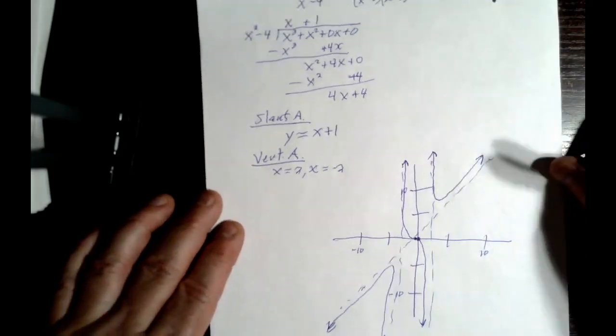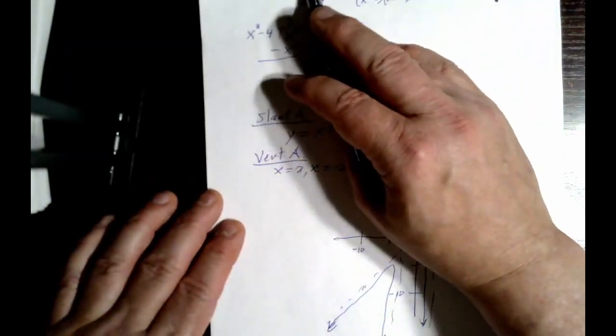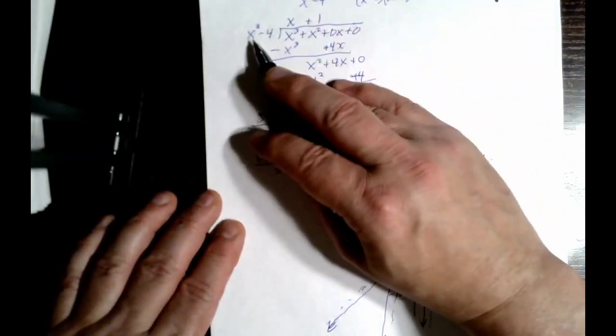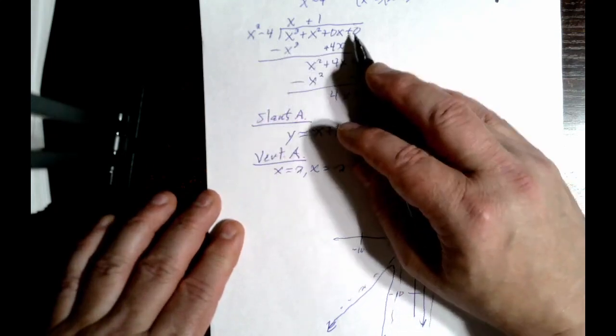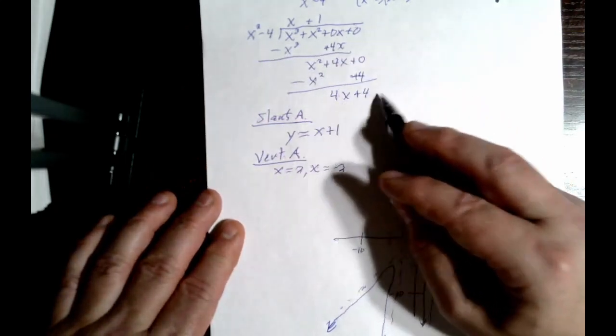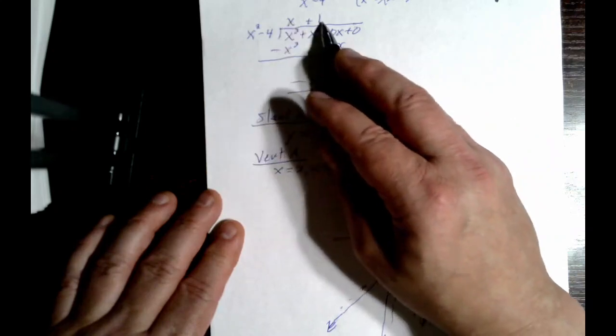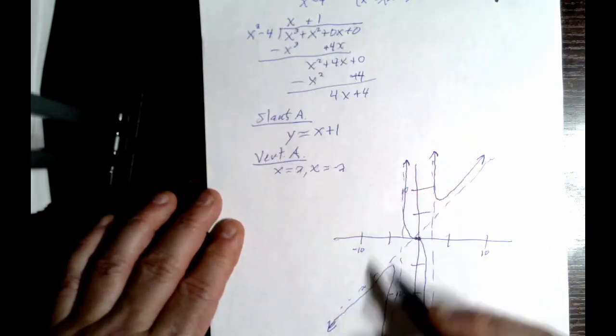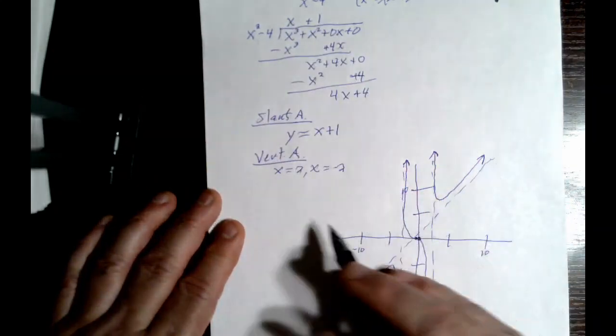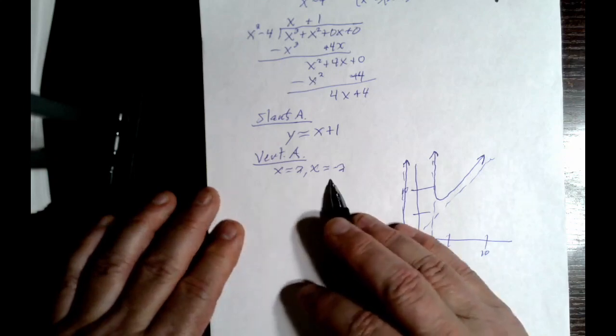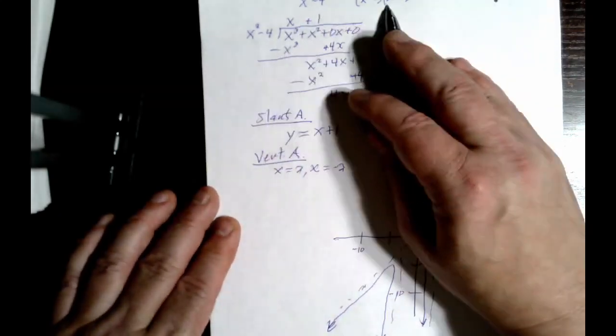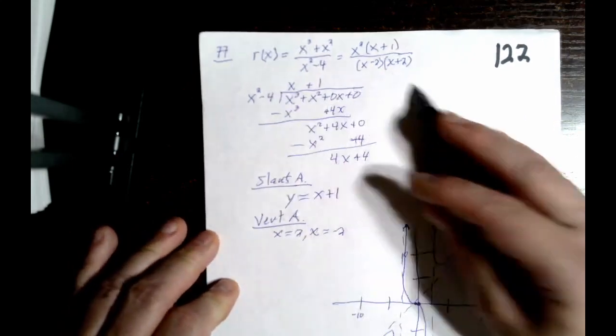Very unusual graph. And 77 also has a slant, because the top is 1 degree bigger than the bottom. So you do long division with the bottom into the top, and you get all this. Ignore your remainder. Y equals this is your slant. There it is. Y equals x plus 1. And your vertical is at x equals 2 and x equals minus 2. Those are the places where your denominator equals 0.